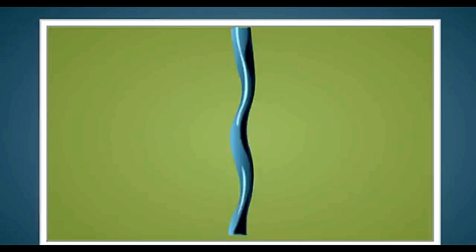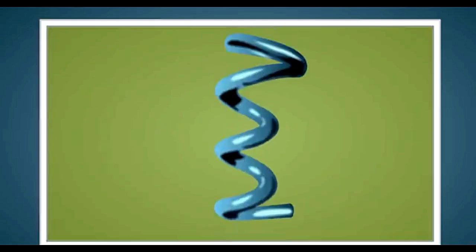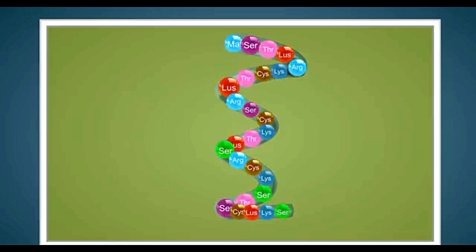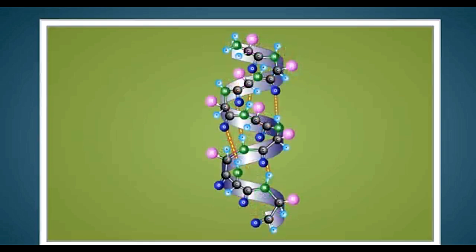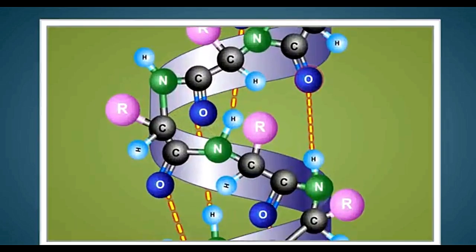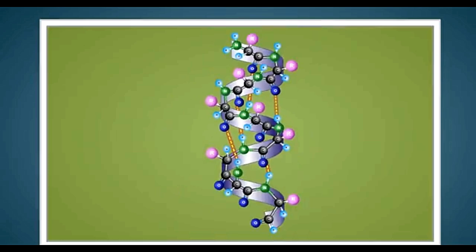Now, secondary structure of proteins refers to the manner or shape in which the polypeptide chains are arranged. The different arrangements of polypeptide chains exist due to the hydrogen bonding between the oxygen of the carbonyl of one amino acid and the hydrogen of the amide group of another amino acid.